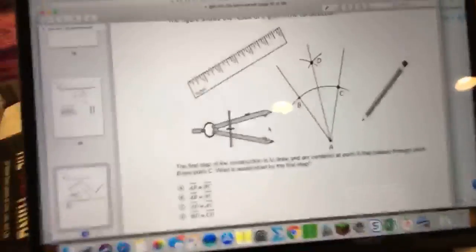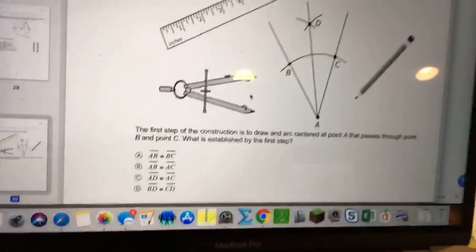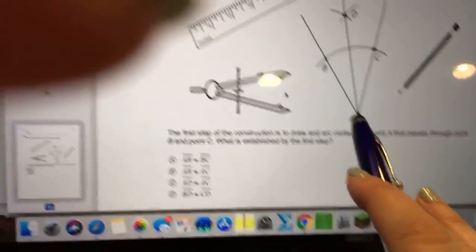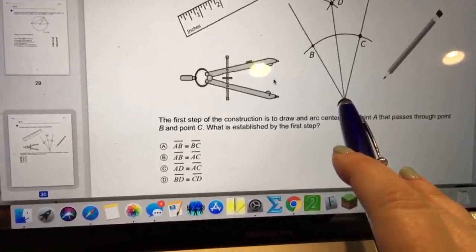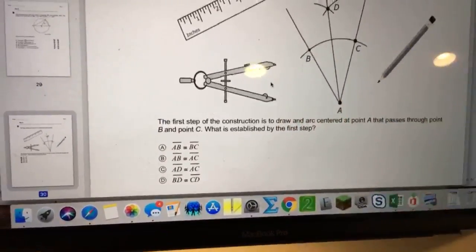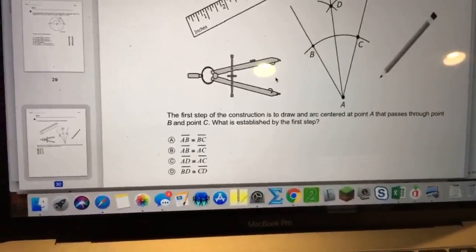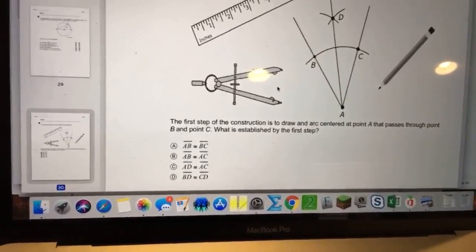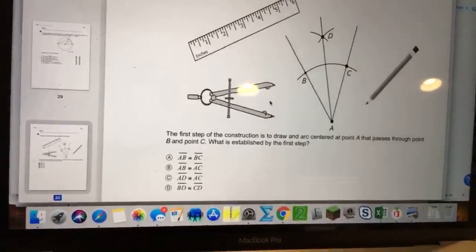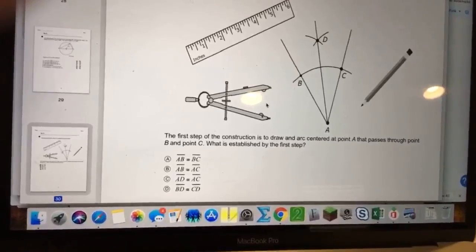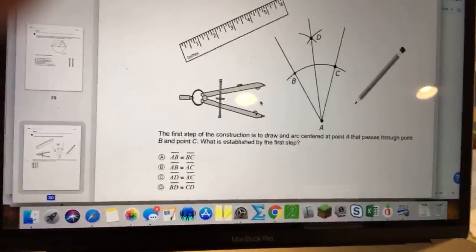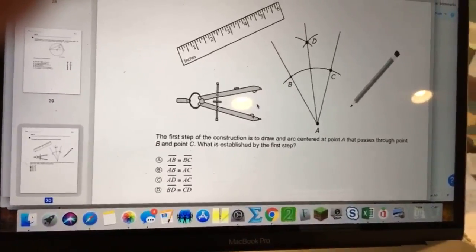If this circle that has this arc is centered at A and it's going through points B and C, there's two segments, AB and AC, and those two segments are going to have to be radii of a circle, aren't they? Because even though we didn't draw the full circle, we drew part of it.